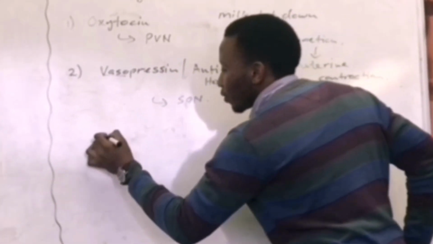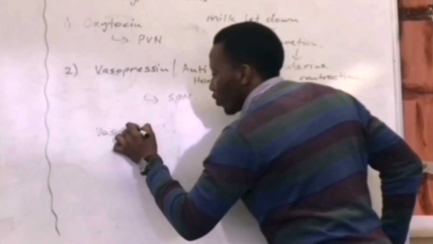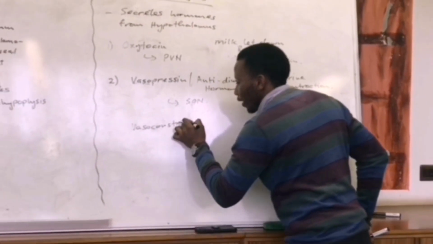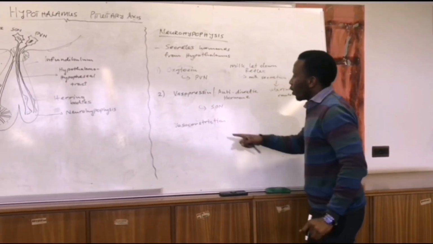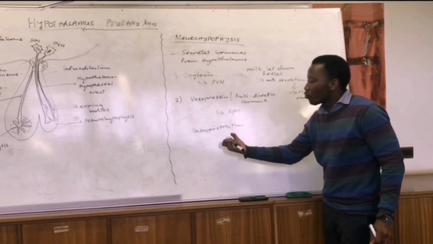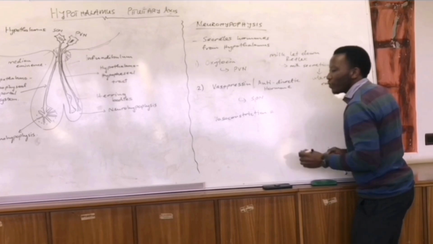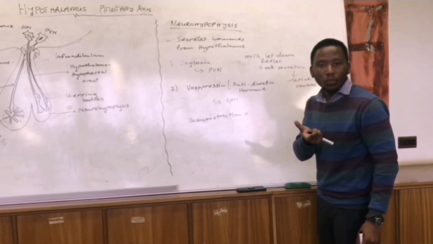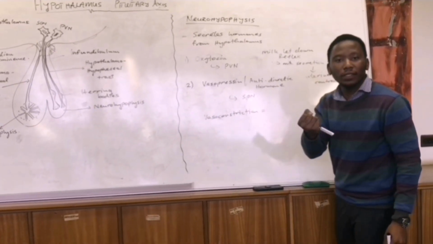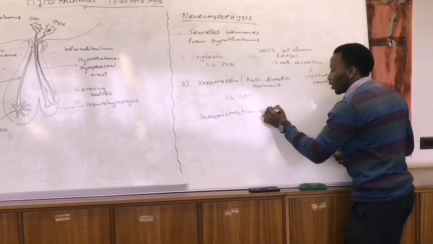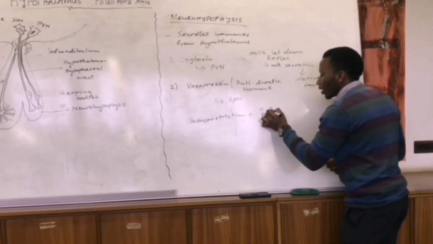It presses vessels. We call that vasoconstriction. Vasopressin is going to constrict vessels to try and regulate your blood pressure, okay? So vasopressin constricts your vessels and increases blood pressure.